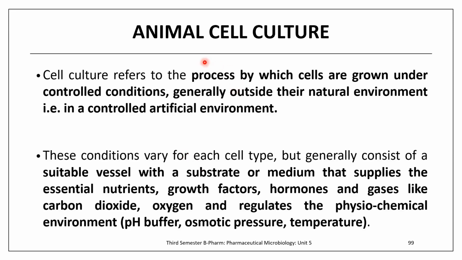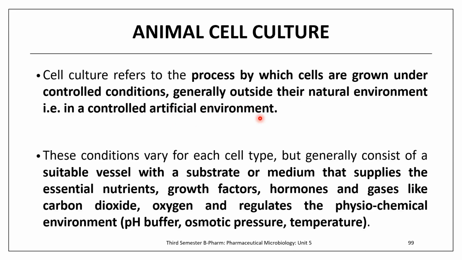So we can define animal cell culture, or simply cell culture, as a process by which cells are grown under controlled conditions, generally outside their natural environment. That means in a controlled artificial environment.